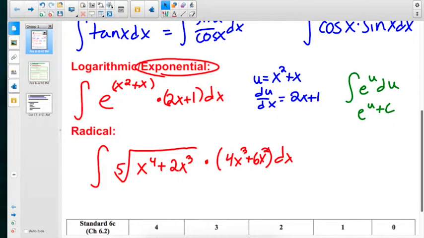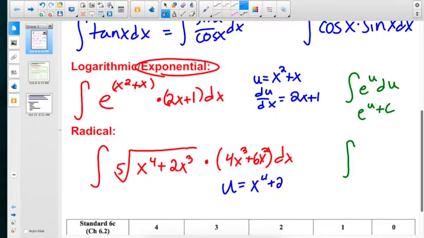If I leave it like this, then this just ends up being, after I make my u subs, what's my u here? Yep, what's my du dx? So this ends up being just integrating what?